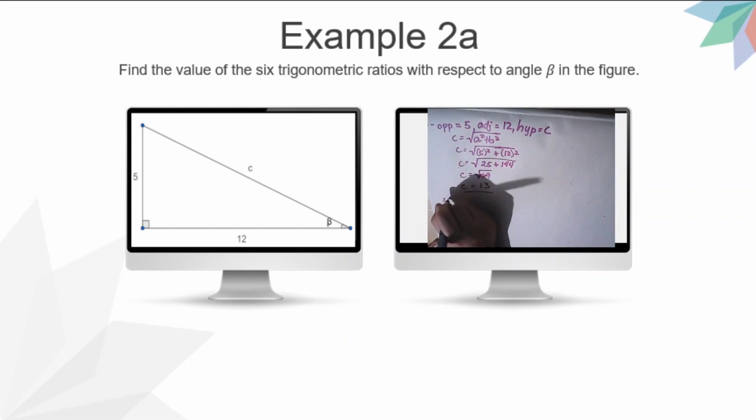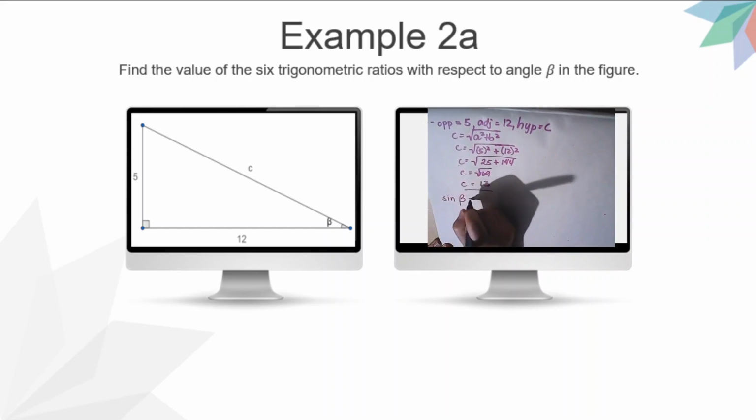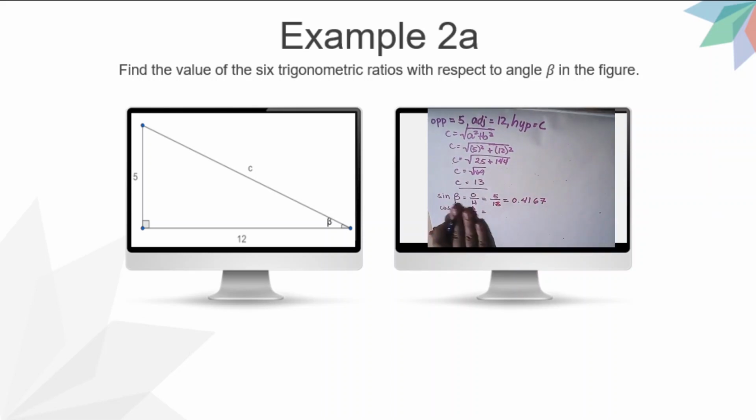So first, we will get sine beta. So sine is opposite over hypotenuse, and the hypotenuse is 13. So it will be 0.3846. While cosine beta is adjacent over hypotenuse, adjacent side measures 12 units, and the hypotenuse is 13 units.